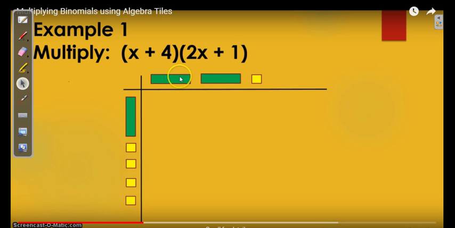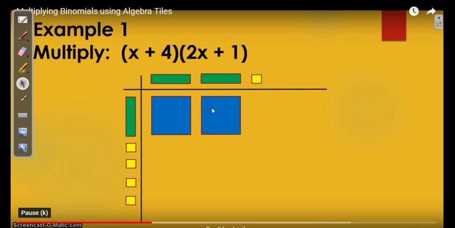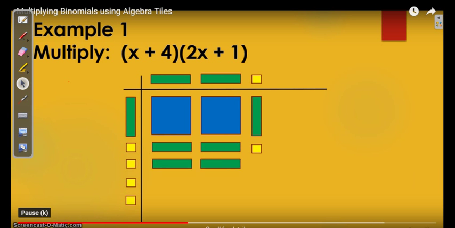X times x gives me x squared. X times x, x squared. X times 1, 1x. And we do this for the entire chart until there's no terms or blocks left. 1 times x, x. 1 times x, x. And 1 times 1. Which is 1. The bottom 3 lines are exactly the same as the line we just completed, leaving us x, x, and positive 1 all the way down.